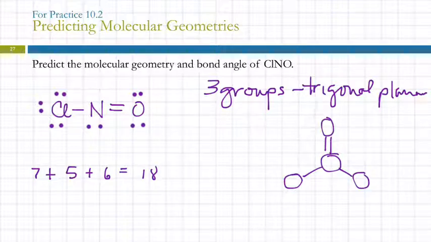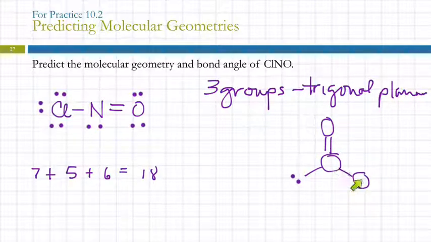So 3 groups, right? So this is going to be my oxygen that's got a double bond, and then I've got these other 2 groups. But one of these groups is a lone pair. It's there, but it's a lone pair. So we've got 1 lone pair. So we've got this left.